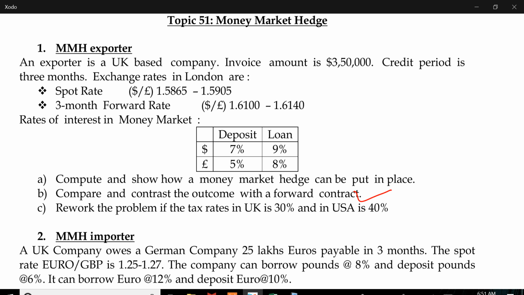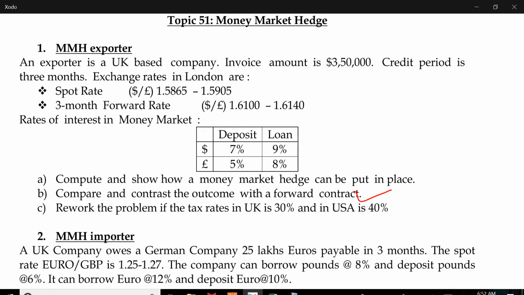In point number A, the company is an exporter, having an exposure of USD 3,50,000. Full stop.